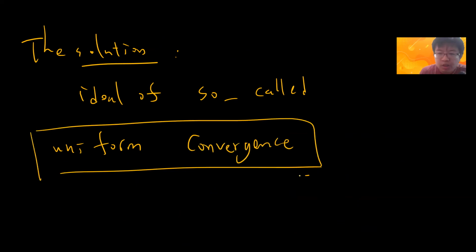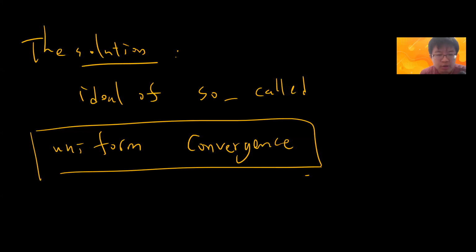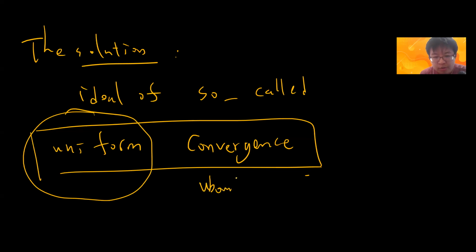So that's why people care about uniform convergence, uniform equicontinuity, or uniform boundedness. Usually if you're talking about a sequence of functions, you will always see something like uniform convergence, uniform boundedness, or an idea called equicontinuity.